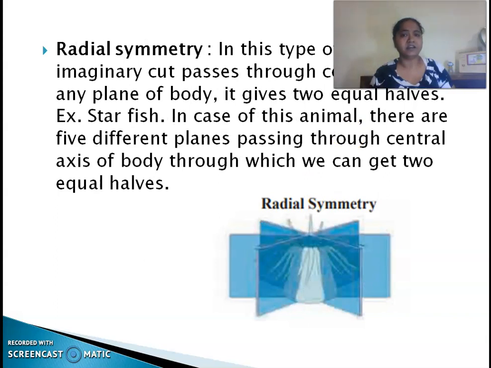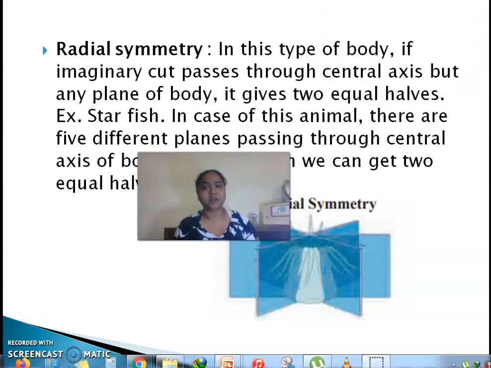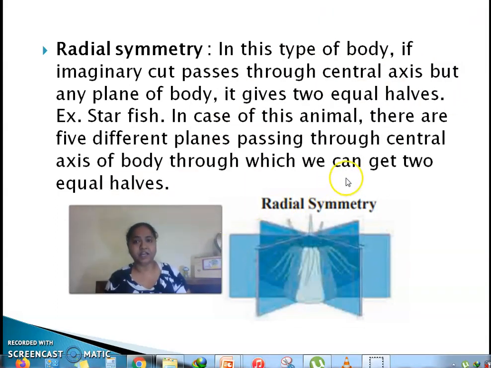The second is radial symmetry. In this type of body, if an imaginary cut passes through the central axis by any plane of the body, it gives two equal halves. For example, starfish. In case of this animal, there are 5 different planes passing through the central axis of the body, through which we can get two halves.